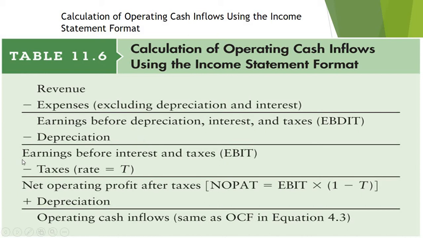After deducting depreciation, we get earnings before interest and taxes, then we deduct taxes based on the tax rate, then we get net operating profit after taxes, and finally we add depreciation or any other non-cash expenses. Once we add depreciation or any other non-cash expenses, we get operating cash inflows.